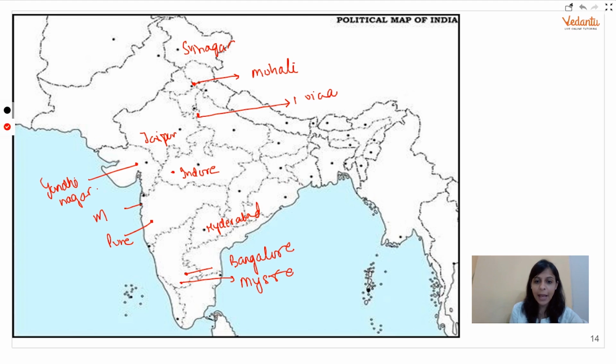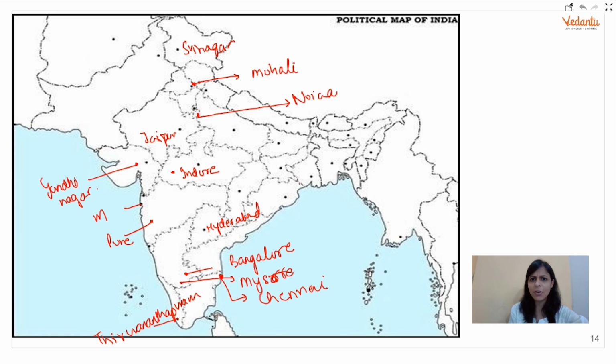The capital of Tamil Nadu is Chennai, so you have another software technology park in Chennai. As you know, you have Thiruvananthapuram in Kerala. These are very easy locations.